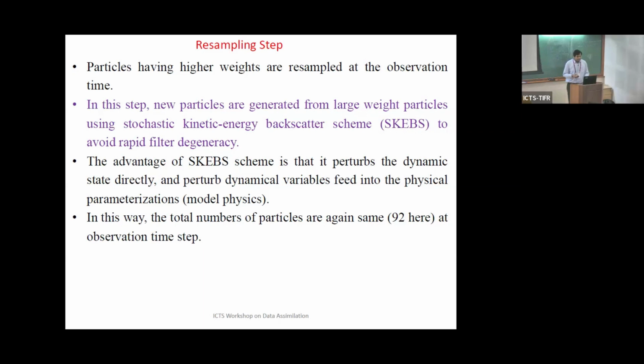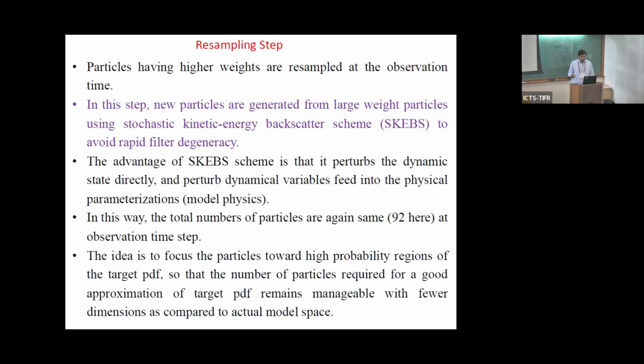In this SCAPS methodology, we give the perturbation in some fixed parameters in the parameterizations. The idea is that we want to focus on the high probability region or target PDF, so that with a fixed number of particles, we get a better estimation.